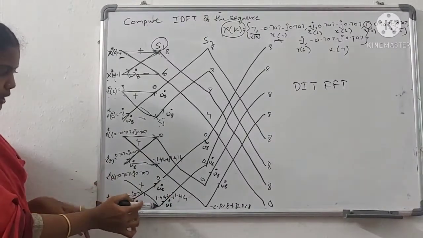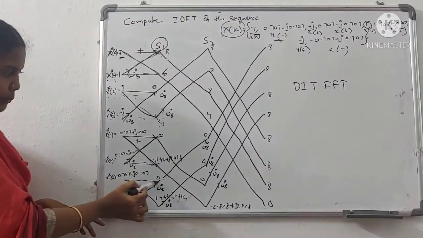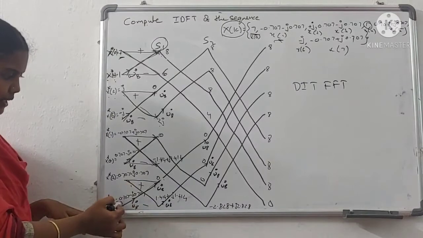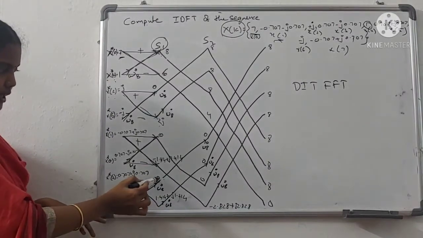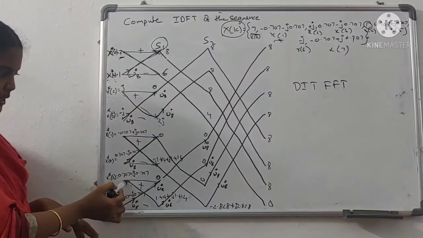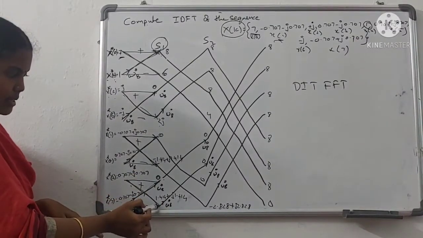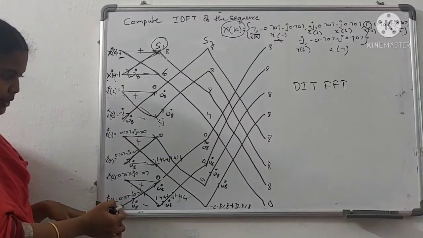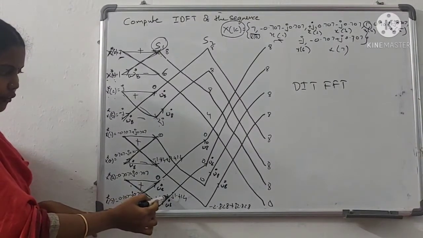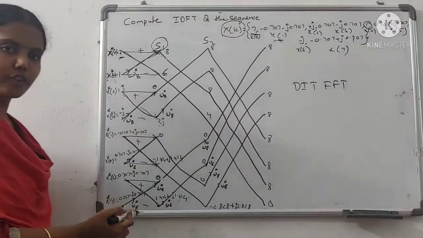Again, one input is 0 and second input is 0.707 minus j 0. You are getting the value as 0. In the last point, one input is this one minus this one. So you are getting 1.414 plus j 1.414.